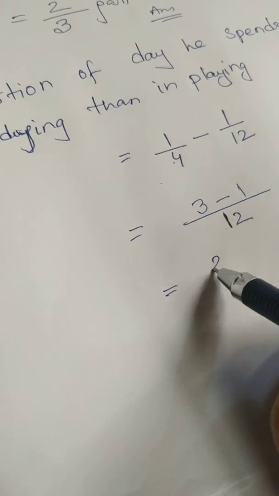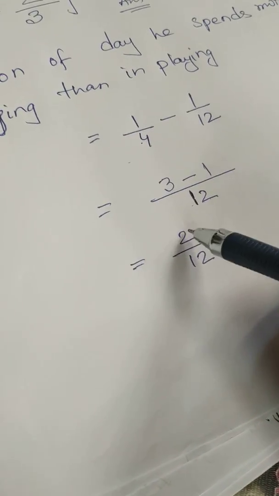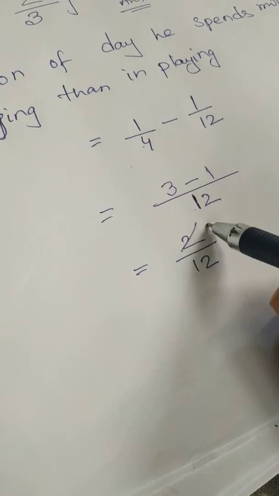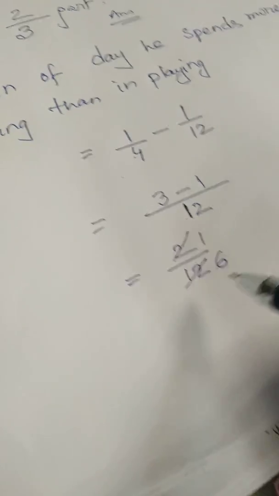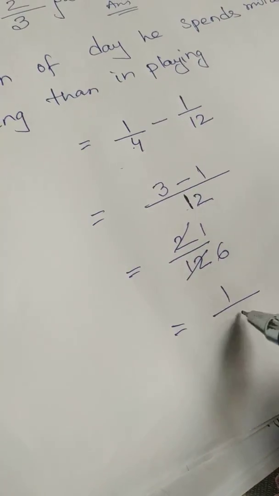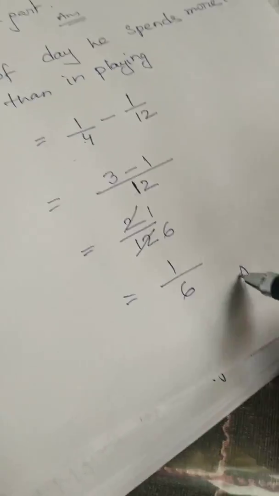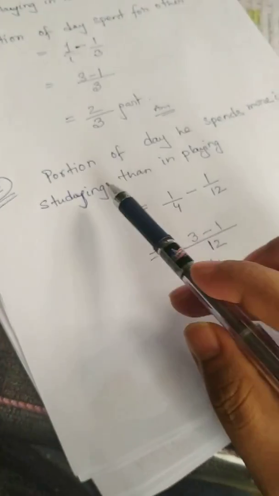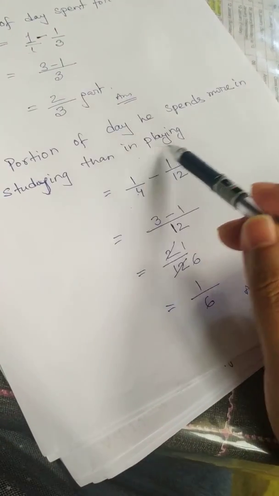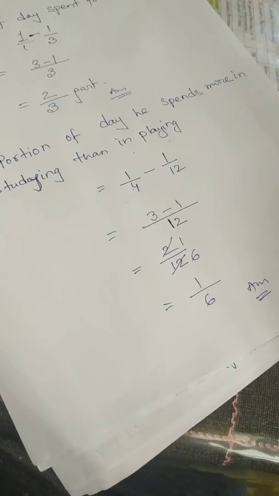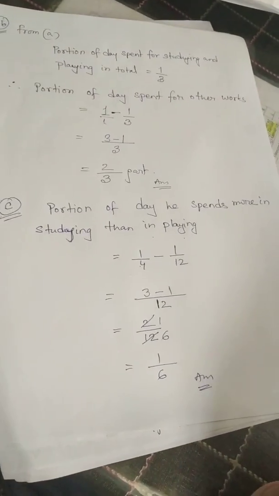So equals to 2 by 12. If you reduce it to lowest fraction, both are divisible by 2. So 2 ones are 2, 2 sixes are 12. So what do we get? Answer 1 by 6 part. So this is our answer. So portion of day he spent more in studying than playing is 1 by 6. Okay. So this is our required answer.